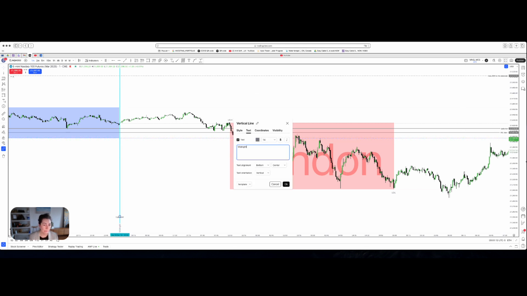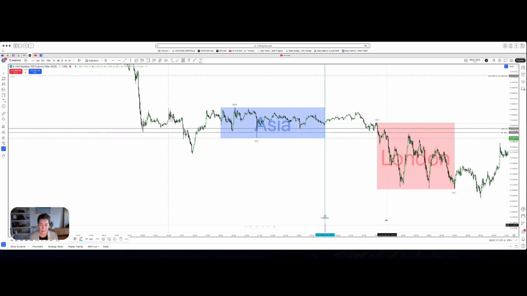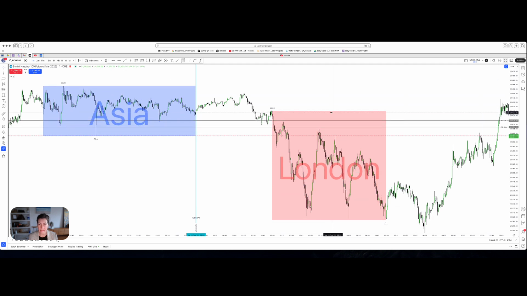Midnight. And then I draw on a horizontal line so that I can see price at midnight. That's what I call it, midnight at midnight.